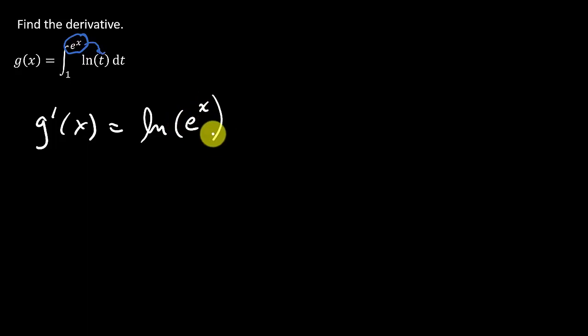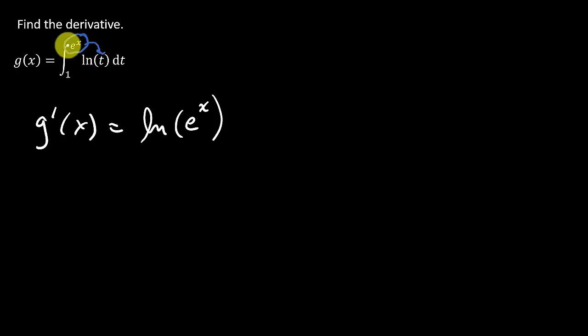Okay, now if you noticed in that first example, well, what did we do? We plugged in x. All right. Well, this is not x. This is e to the x. So we're going to have to use chain rule here.